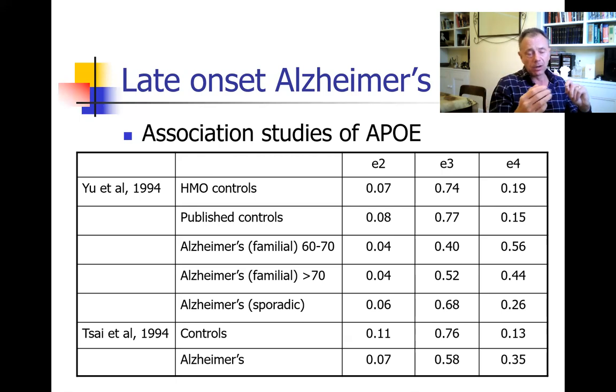So there are actually, in fact, three allelic forms. There's a somewhat rarer allele called the epsilon 2 allele, and it turns out that that allele is actually somewhat protective. So the E4 allele increases risk, while with the E2 allele you have somewhat reduced risk of Alzheimer's relative to the most common E3 allele.